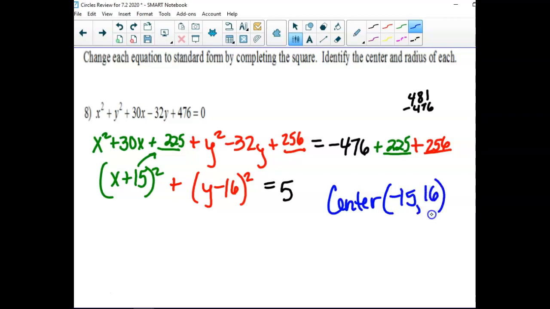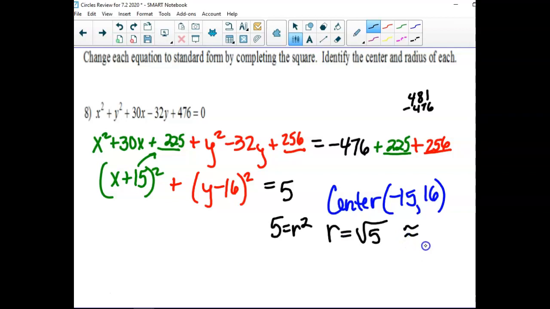Yes? Everybody good on the signs? Did I mess up the signs? Everybody okay, or did I mess something up? All right, and then this is r squared. So the radius is actually the square root of 5, which you can leave like that.